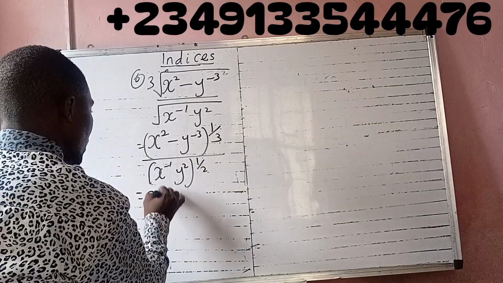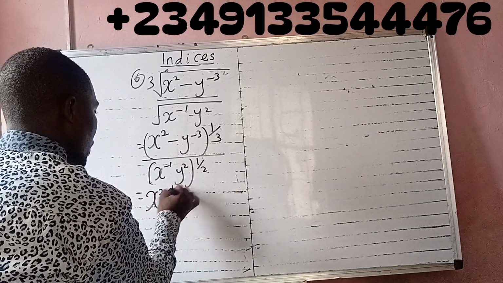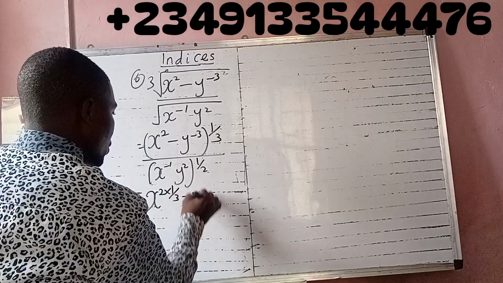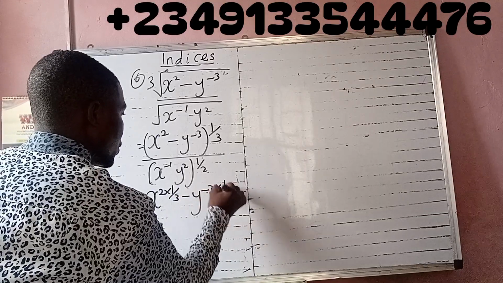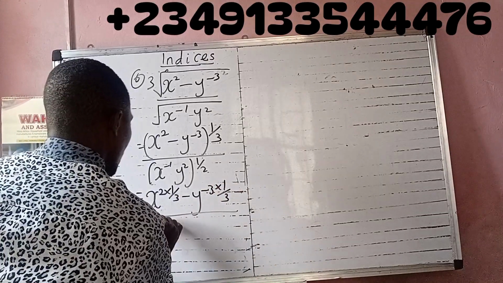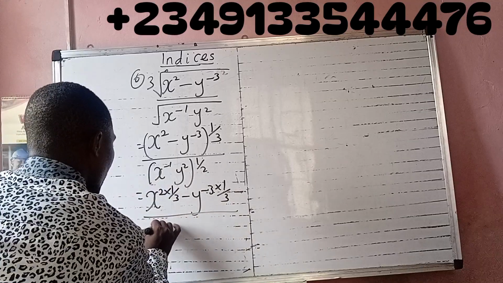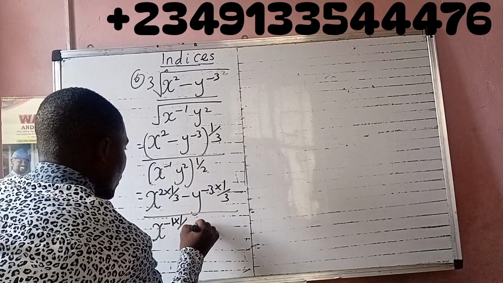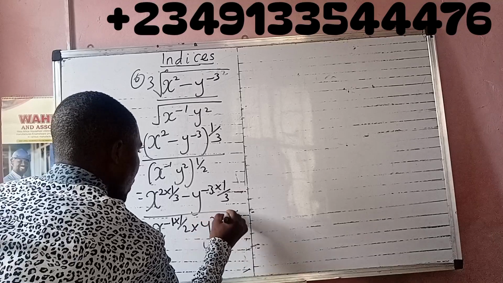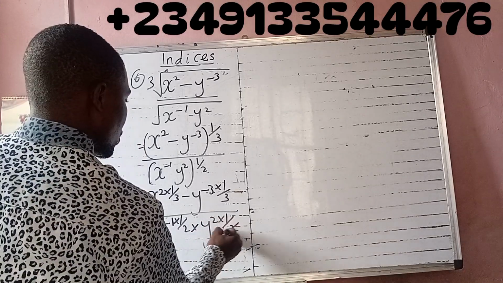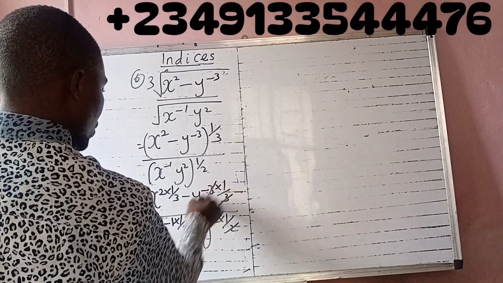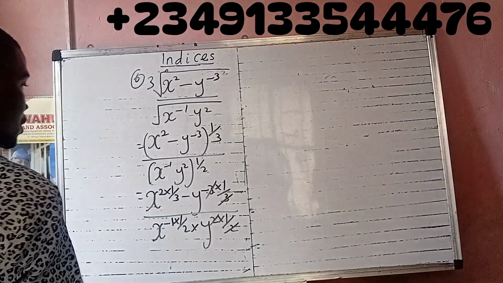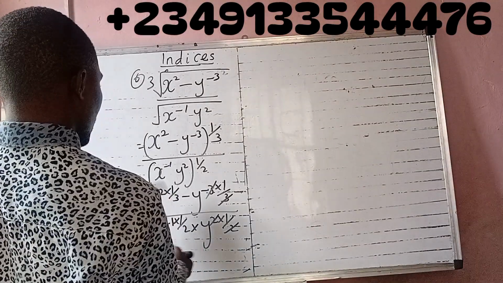So we're having x to the power 2 times 1 over 3, minus y times 1 over 3, everything over this one to assign the power, x to the power 1 times 1 over 2, y squared times 1 over 2. So 2 cancel 2, 3 cancel 3. I think nothing again, so let's just times.